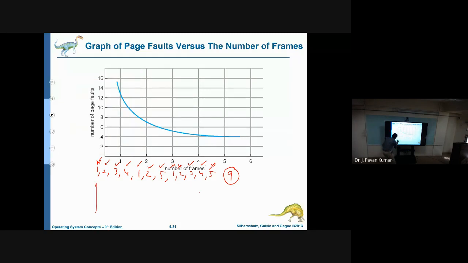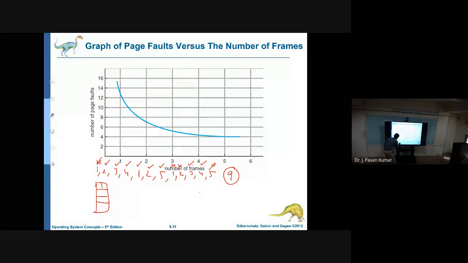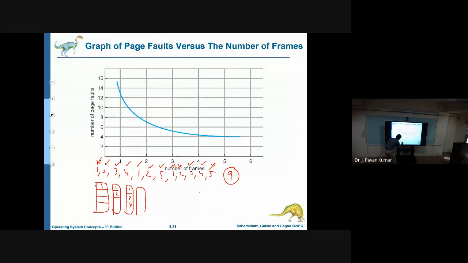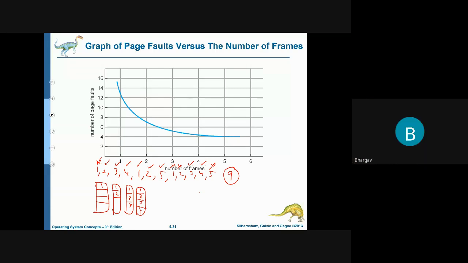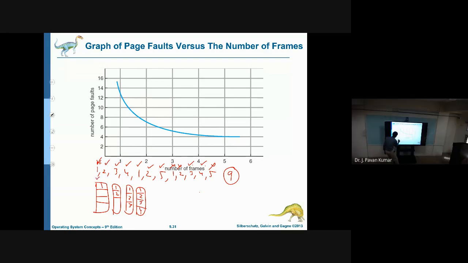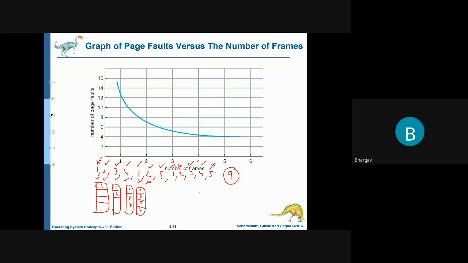So let us consider we are having 4 frames, so it will be 1, 1 2, 1 2 3, next 1 2 3 4. Next no page fault, no page fault. Here it is a page fault. Okay, 5, next 2 3 4.